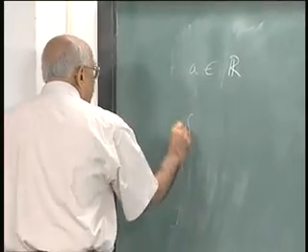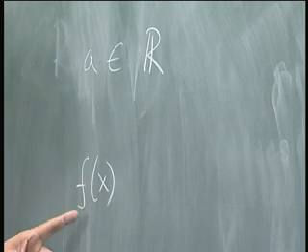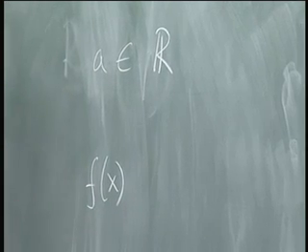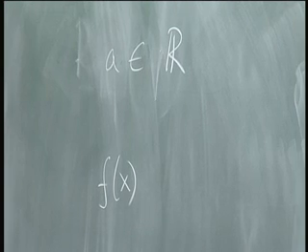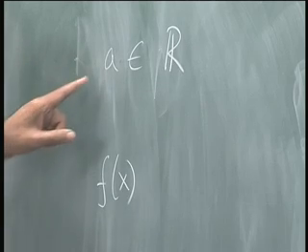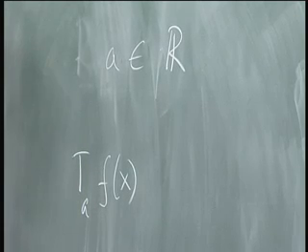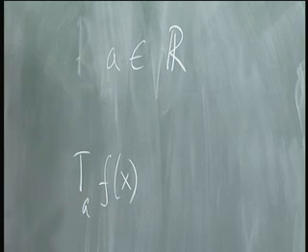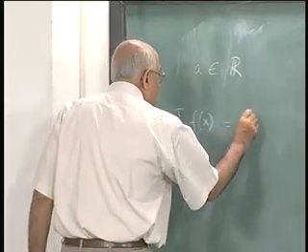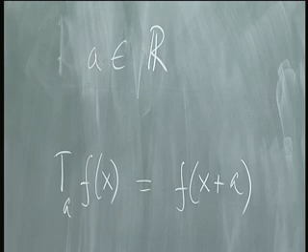So every function f of x, where x is a real variable taking values from minus infinity to infinity, and I assume that this f of x has an infinite number of derivatives, like e to the x or sin x or cos x, and then I put a rule saying that this quantity A is represented by an operator T sub A, a representation by an operator such that T sub A acting on f of x is equal to f of x plus A. So it shifts the argument x to x plus A.